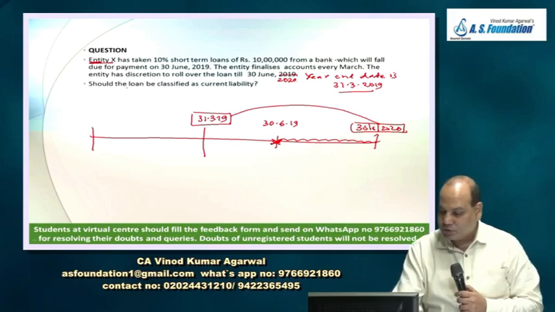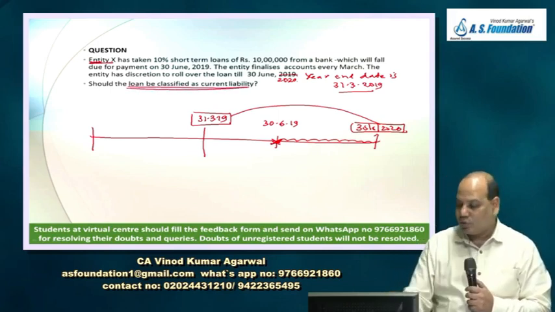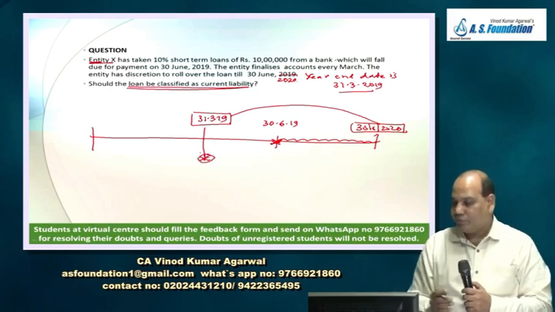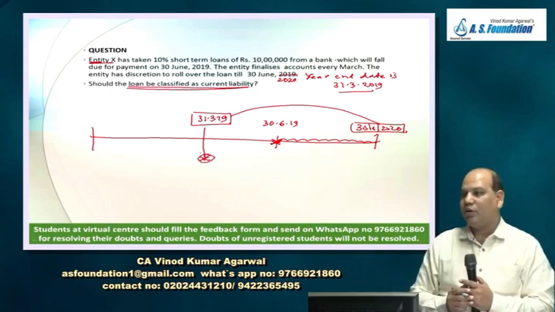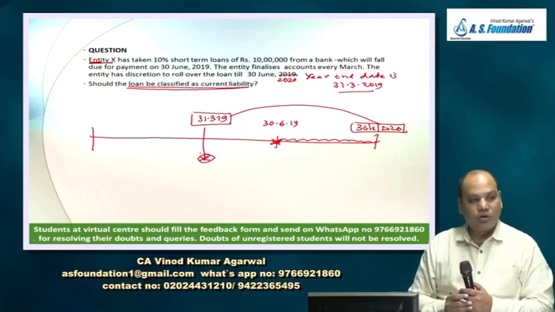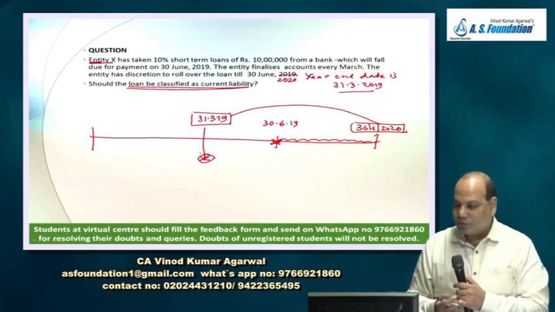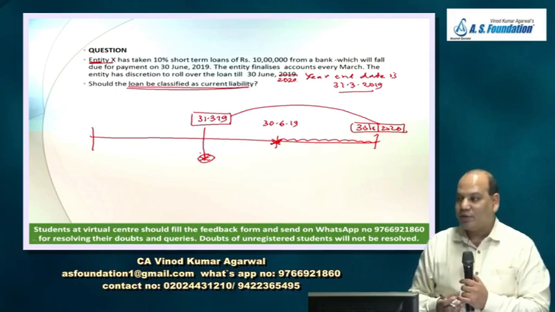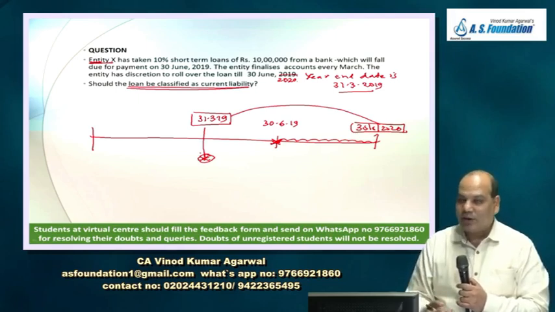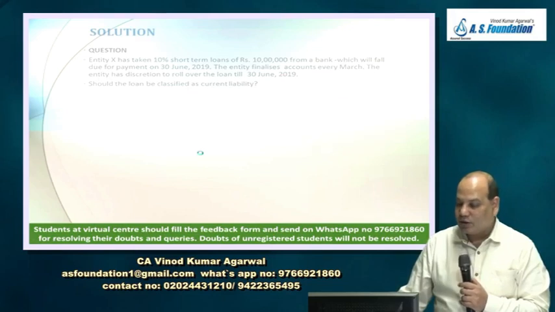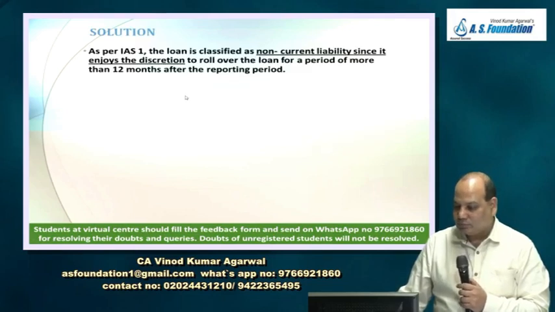So my question is, what would be the classification of this loan on this date? Current or non-current? Now you can call it non-current because you have an unconditional right to defer the payment for more than 12 months from the end of the reporting period. But what if the entity did not have discretion? The lender had discretion. Then the answer would be current.